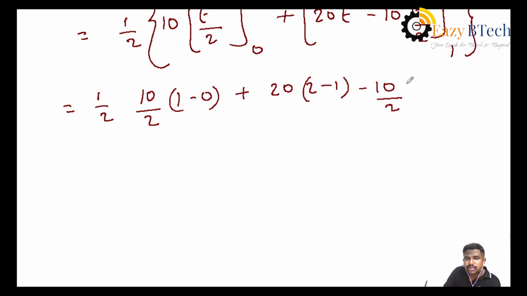After applying limits, then 10 by 2, 2 is constant, 2 square, 4, minus 1 square, 1.